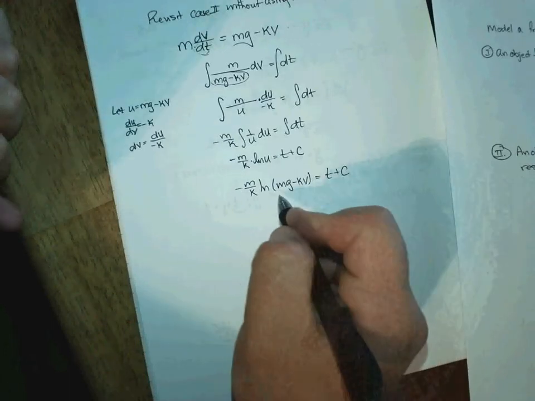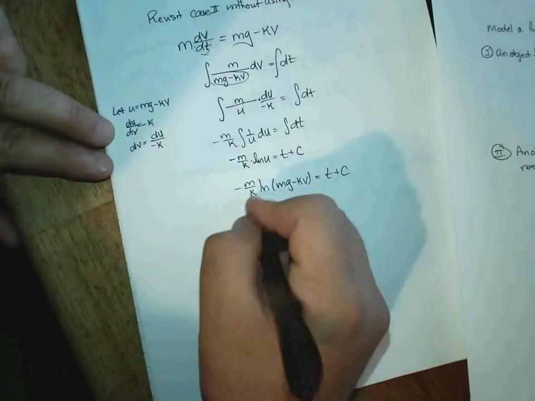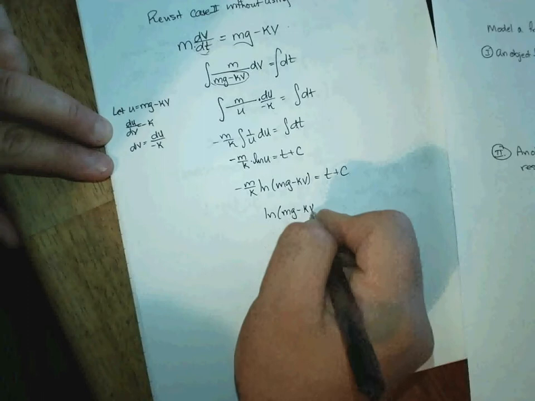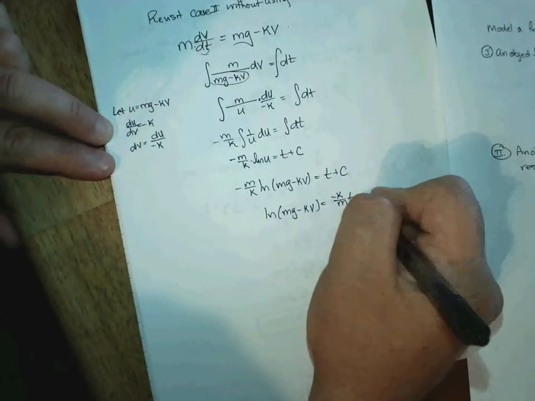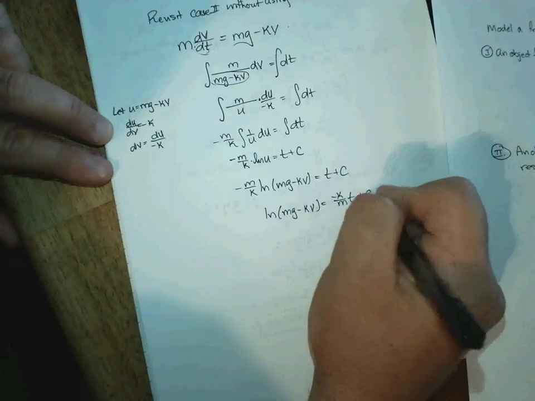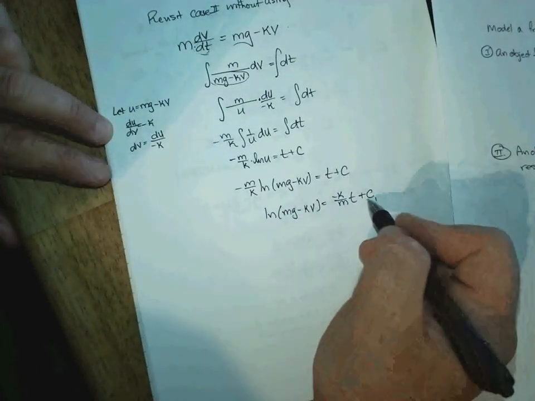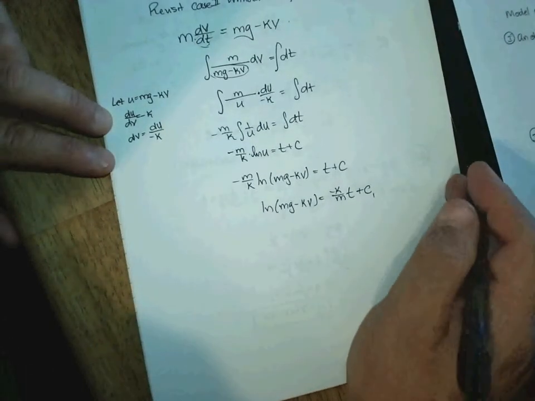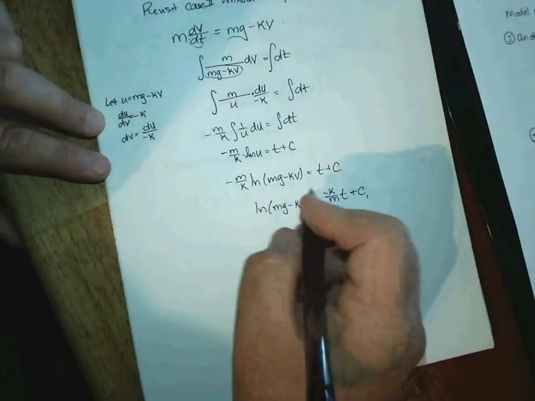Let's multiply both sides by negative k over m to get rid of this coefficient. Negative k over m times a constant is still just a constant, so I'll call this C1 just to explicitly distinguish it from the original constant here.